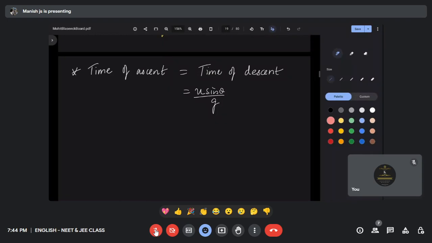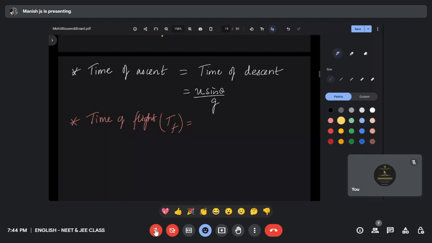The next part is time of flight. What is time of flight? We can call this TF. Time of flight is the total time taken by the projectile from when it is projected to when it reaches the ground.